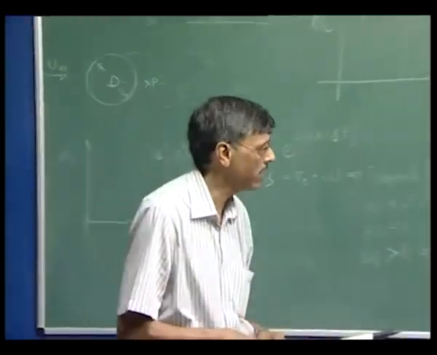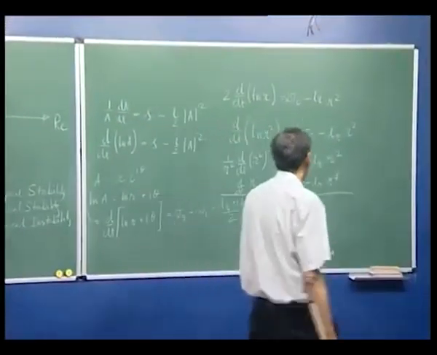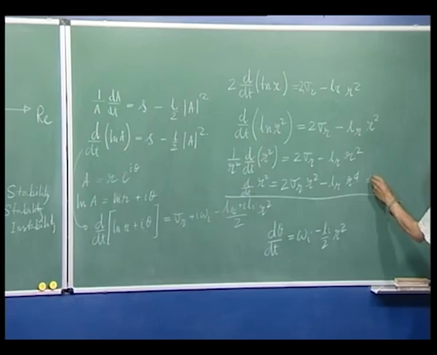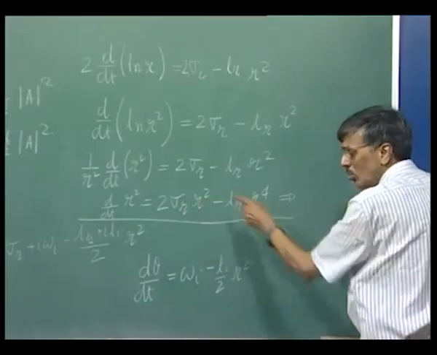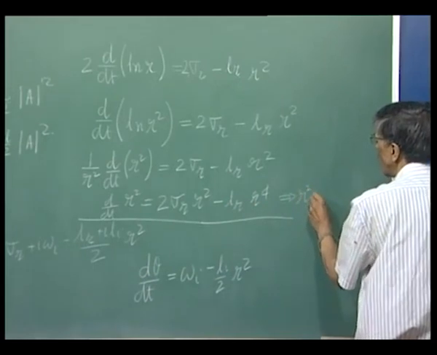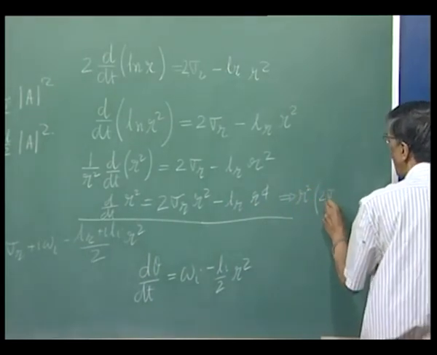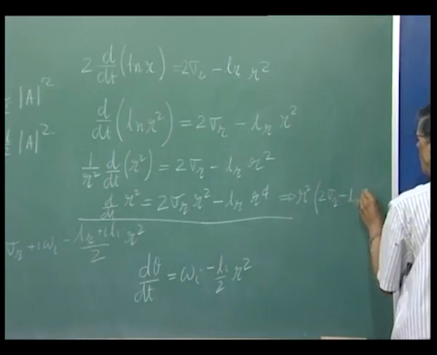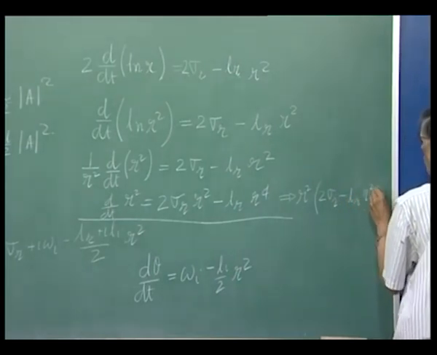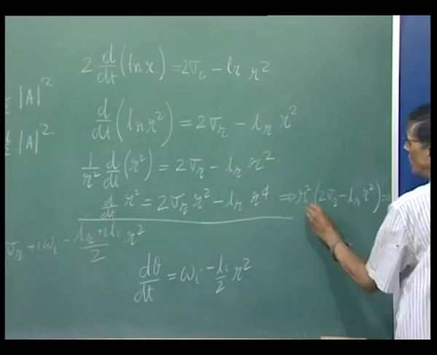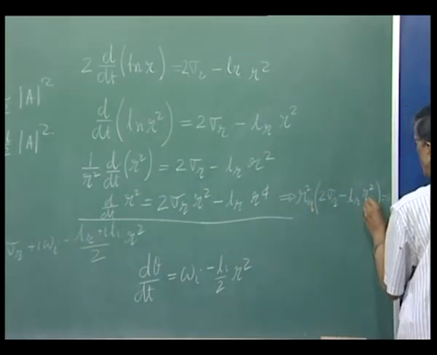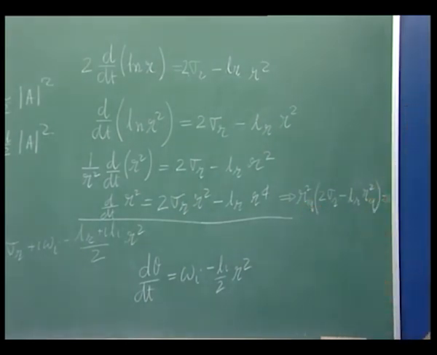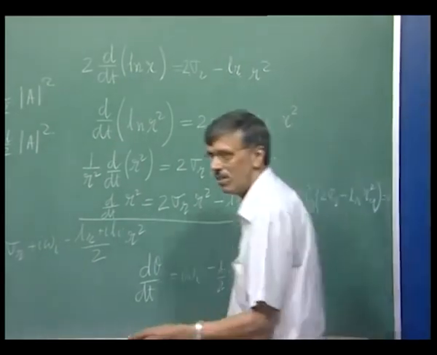And that directly comes from here. You can see from here, if that is equal to 0, then there are two solutions, right? One is of course r squared, another is 2 sigma_r minus L_r times r squared. Now, this equal to 0, and that we can talk about. You very clearly see one of the solutions is this, and that is this.